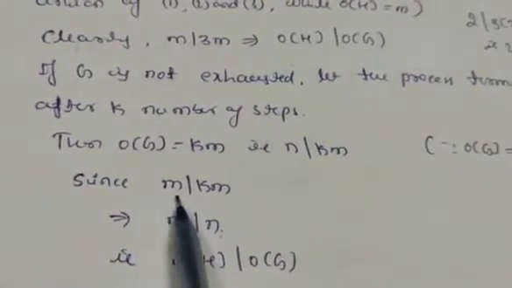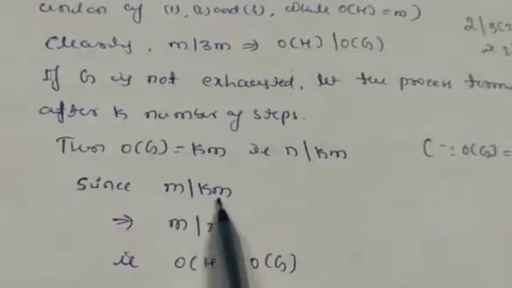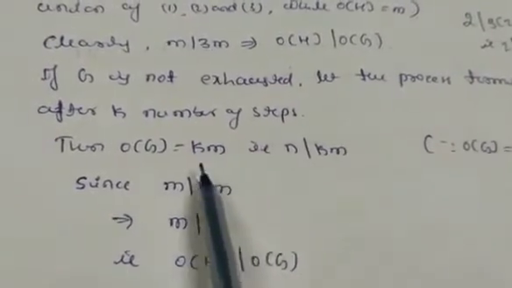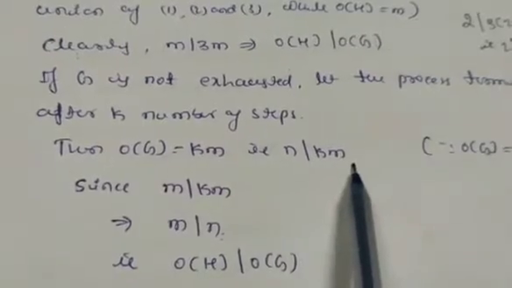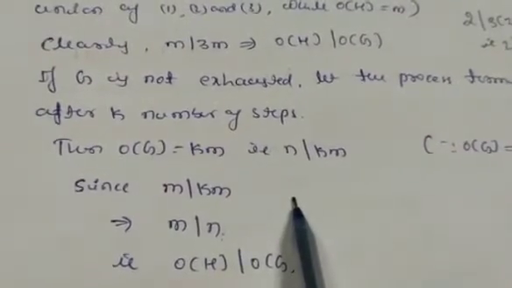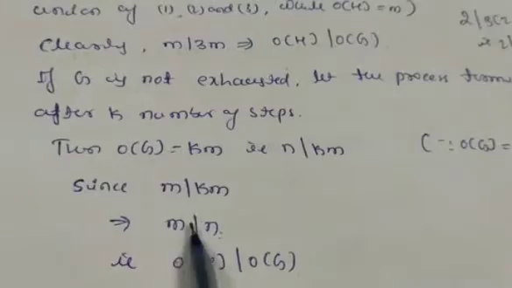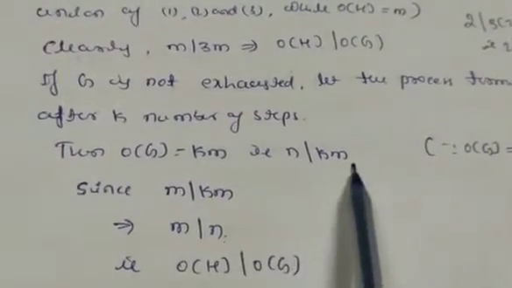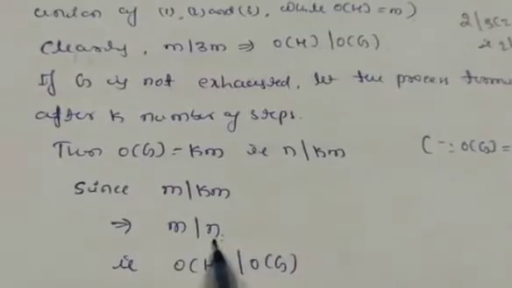So m divides km, and since n divides km, we can take that m also divides n. M divides km and n divides km, therefore m divides n.